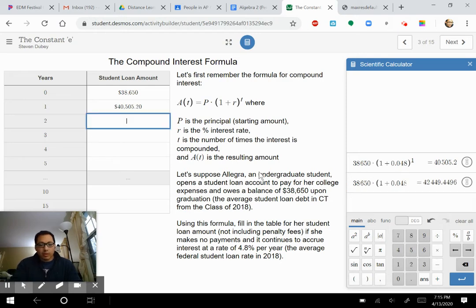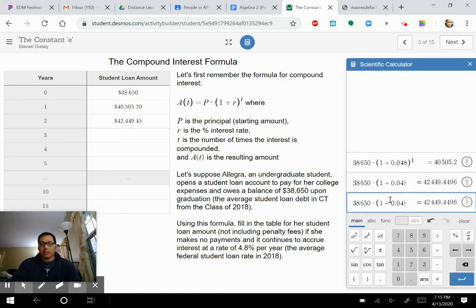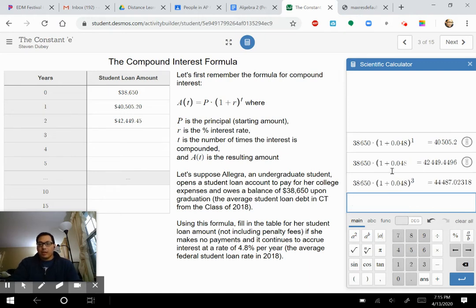So her student loan she will now owe $42,449, and let's round this to 45 cents. All right. How much will she owe after year 3? Well, we're just going to do this again, but now we're going to put it to the power of 3, and you can see how this thing is slowly increasing.